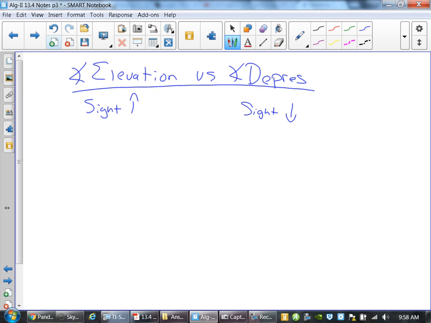If you've got angle of elevation versus angle of depression, you have your line of sight looking up. Your line of sight is always parallel to what? The ground. Very good. Line of sight is always parallel to the ground.